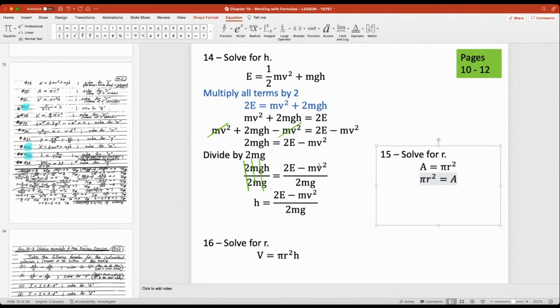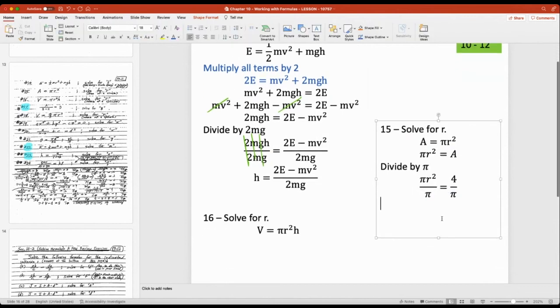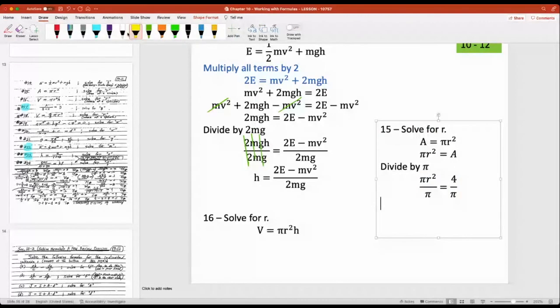Pi, like any other variable or constant, can be divided on both sides. So divide by pi, as so. Those pi's cancel. So you end up with r squared equals 4 over pi.